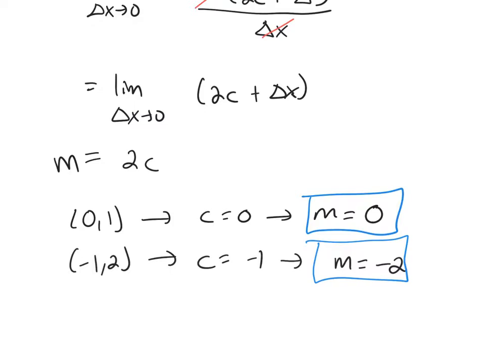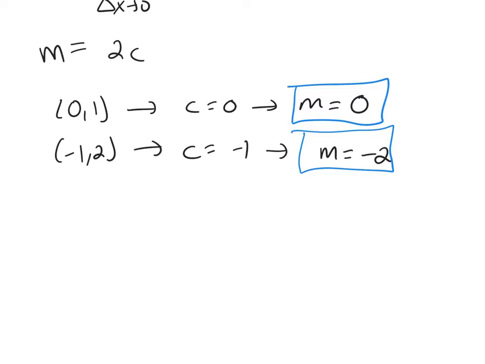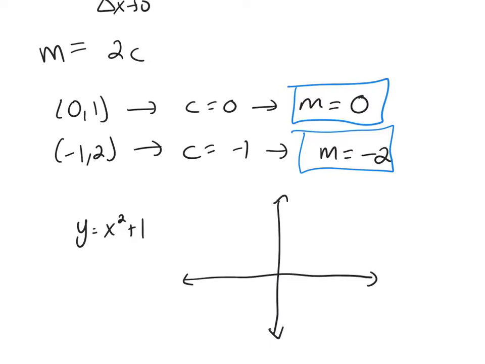Now I will mention you could graph this function just to verify that those answers make sense. So if I graph y equals x squared plus 1, it's a parabola. Shift it up 1. So here's my parabola.